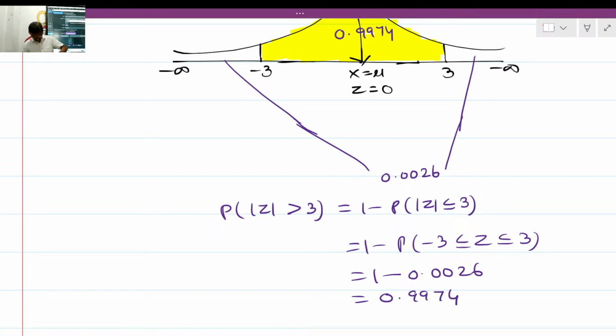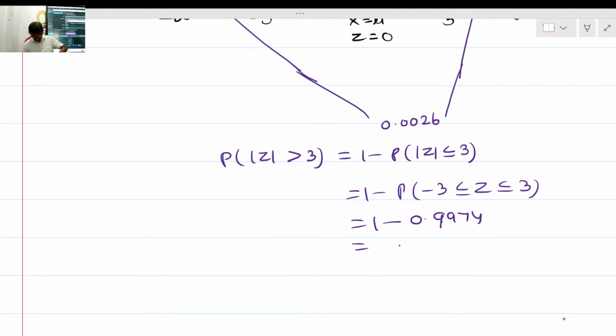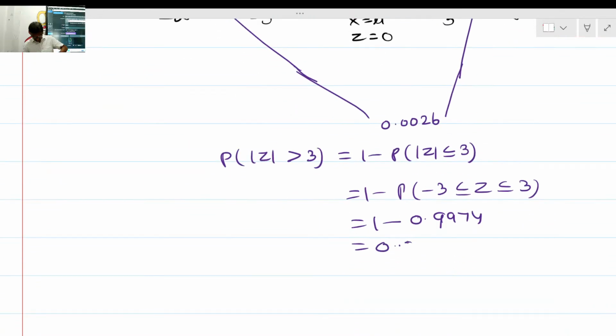Minus 3 to plus 3 is 0.9974. By subtracting this value from 1, the value we get is 0.0026.